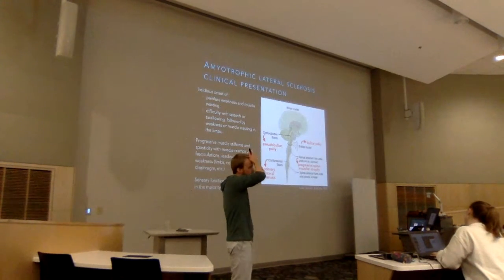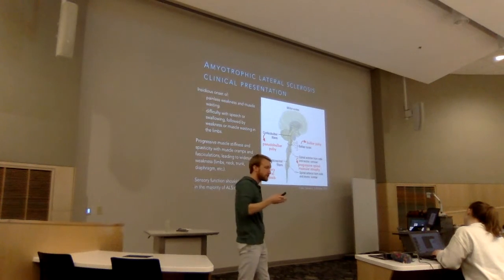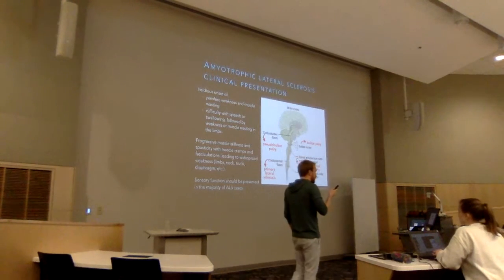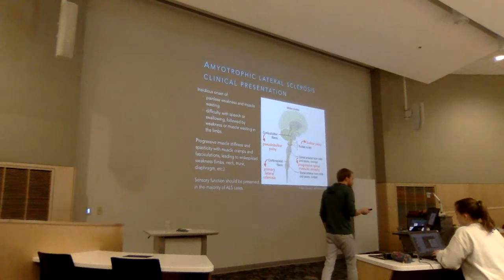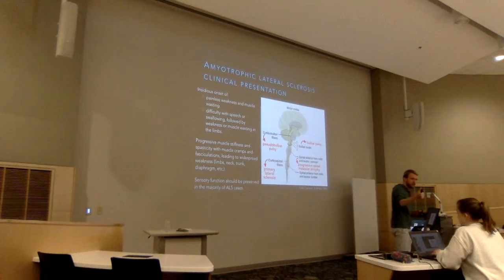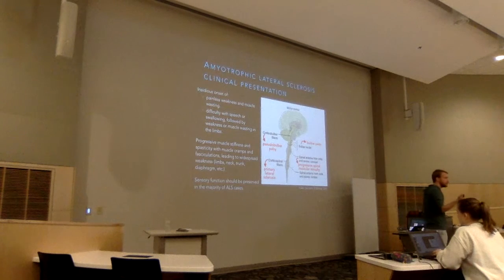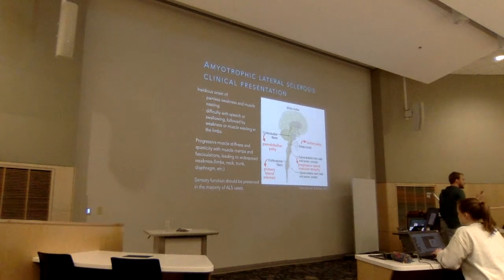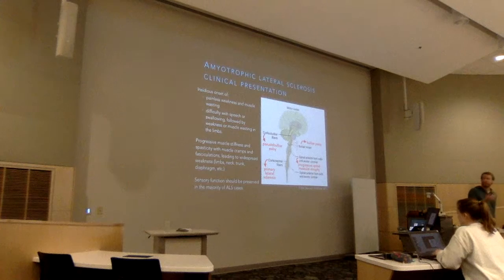The criteria for ALS would be really this rapid loss of musculature and motor function. The onset can start in the body or it can start in the face. So we're going to see the weakness and muscle wasting would be in the limbs.